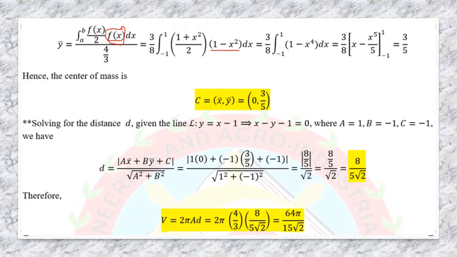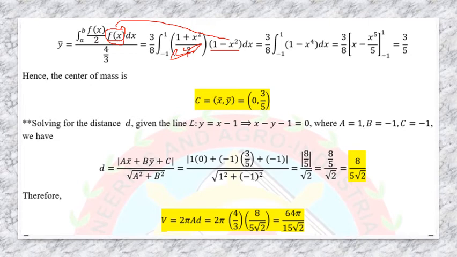Okay, so we have 1 plus x squared over 2 times 1 minus x squared, which is f of x dx. And then 4 over 3, get the reciprocal. So magiging 3 over 8, kasi pinactor out na din dito si 1/2. So that's why naging 3 over 8 na wala na tong 2 dito.